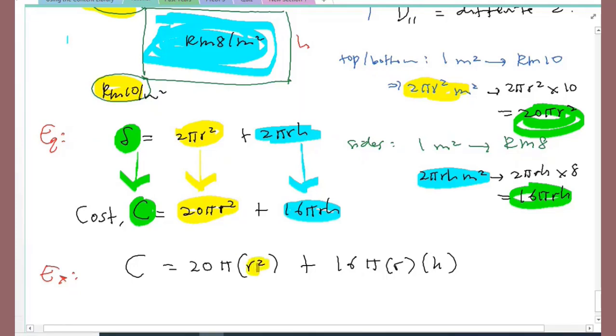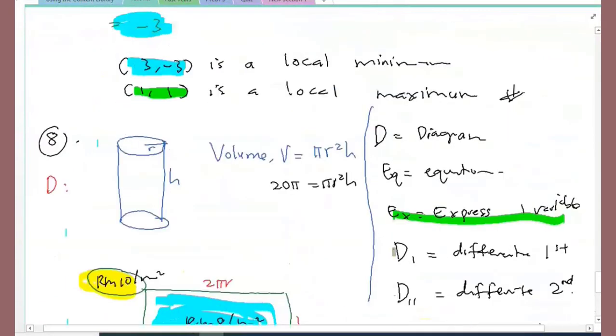We need to reduce to one, either H or R. So there must be a connection, information which relates R and H that we have not used yet.